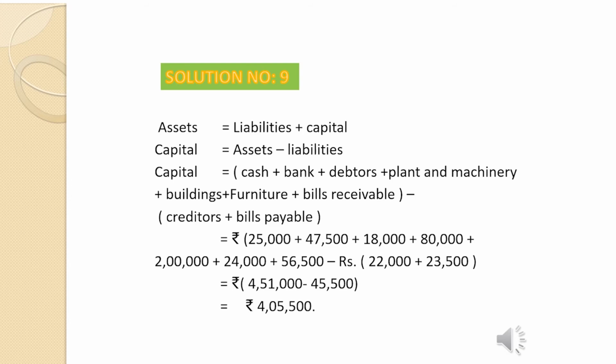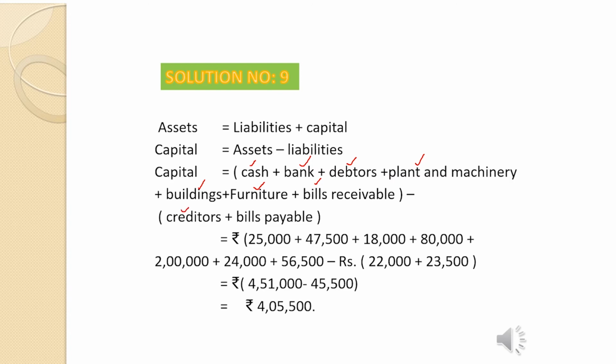Let us see how to calculate the amount of capital. Assets is equal to liabilities plus capital, or capital is equal to assets minus liabilities. First we have to add all the assets: cash, bank, debtors, plant and machinery, building, furniture, bills receivable.